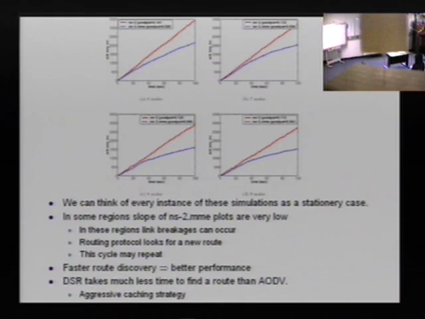When we increase the number of nodes, because the number of simultaneous transmissions increases, the difference gets bigger. However, for example, in NS2, the slope is almost constant, which means that in every instance of the scenario, the channel conditions are almost the same.